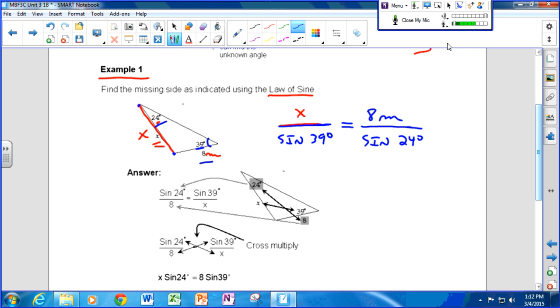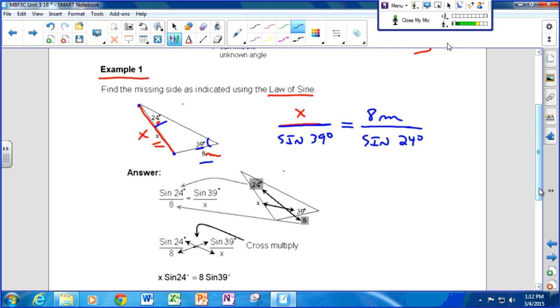So we now have a ratio, and to me, this is a thing of beauty right here. Look at this. We have an equation, and there's only one unknown, right? So we just pull out our algebra skills at this point, and we can solve this equation. Now the easiest way to isolate x, because x is already up in the numerator, is to get rid of that sine 39 degrees.